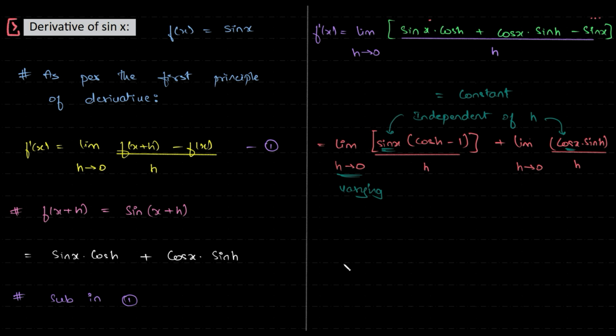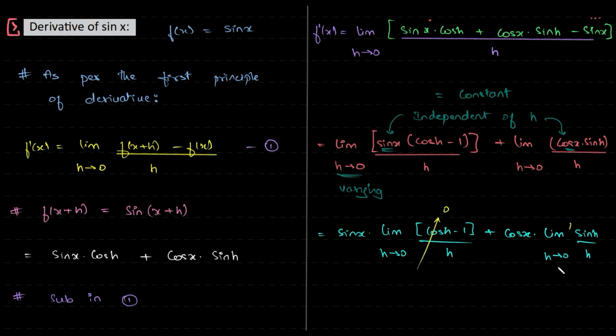And so, end of it, I can take sin x out of the brackets and apply the limit only to whatever is going to vary. So this as a group, of course I can't take it out, and cos x, and we have limit of sin h as h tends towards 0 divided by h. See, as a whole, what happens over here?